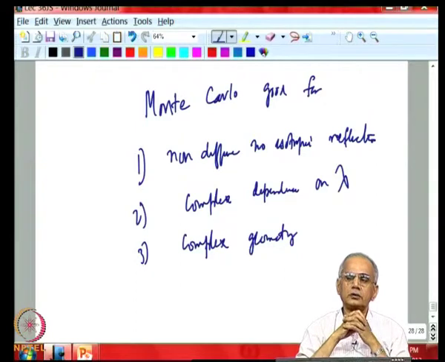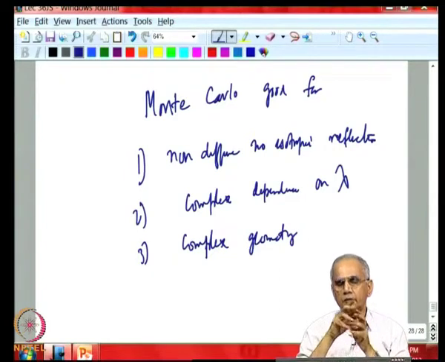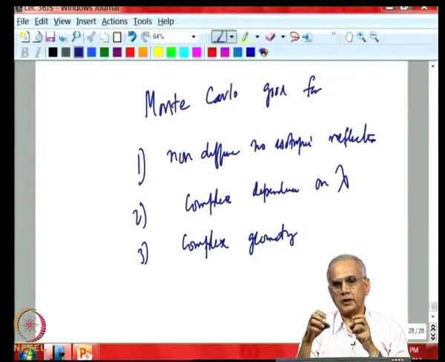So, Monte Carlo is always being looked at as the technique for solving problems of large complexity without increasing the computational time by a large margin.